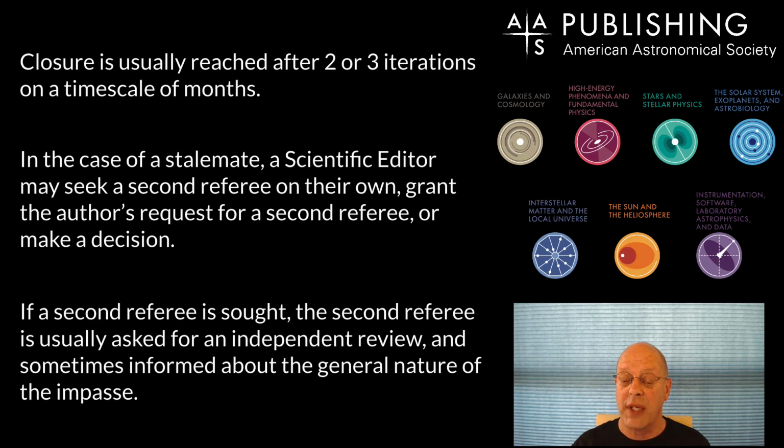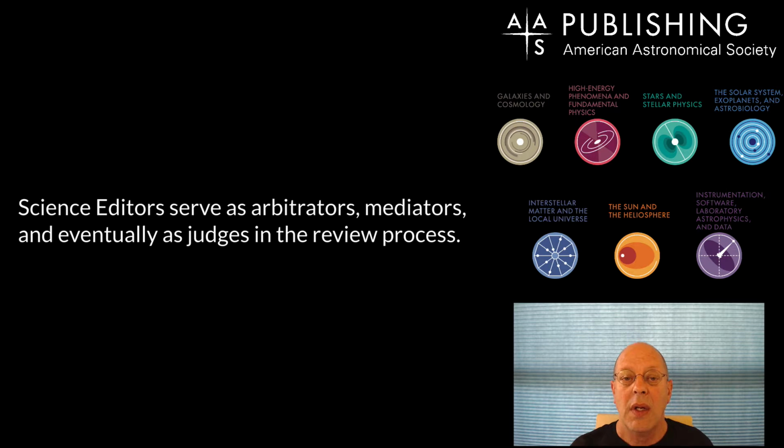If a second referee is sought, the second referee is usually asked for an independent review, and sometimes, depending on the situation, is informed about the general nature of the impasse with the previous referee. Scientific editors serve as arbitrators, mediators, and eventually as judges in the peer review process. Reviewers provide input into that decision, and in order to provide the best input, you should write a good report.